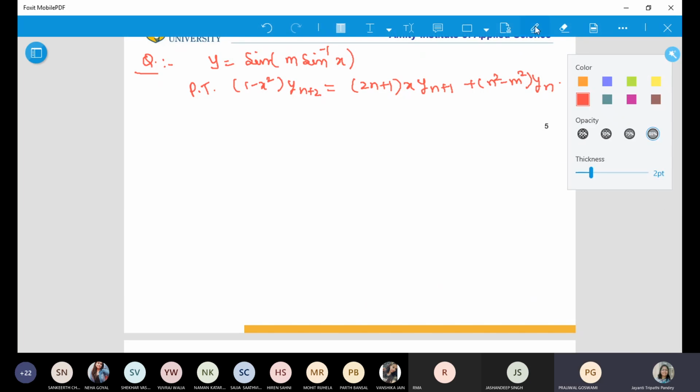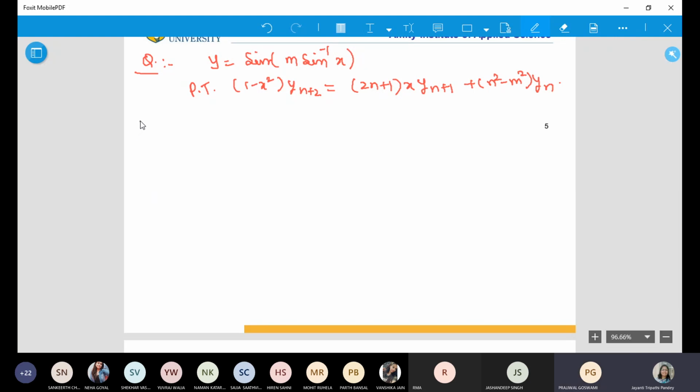Now the pattern is similar. Yes, ma'am. The only thing that you have to identify is to get the connection between y1, y2 and y. I'm solving this. Just see. y1 is cos m sine inverse x into m upon root 1 minus x square.